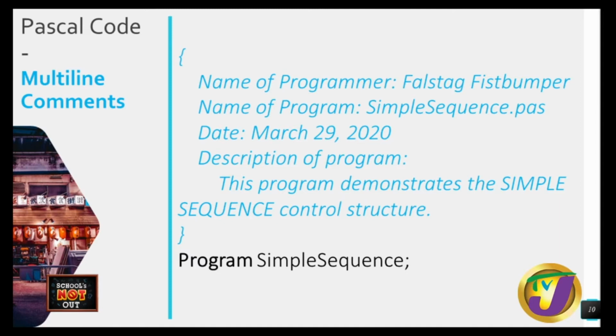Multi-line comments mean that we have several lines of comments to write. In this case, I have the name of the programmer, Falstag Fist Bumper, then the name of the program itself, which is simple sequence.pas, and then the date of creation, and the description of the program.